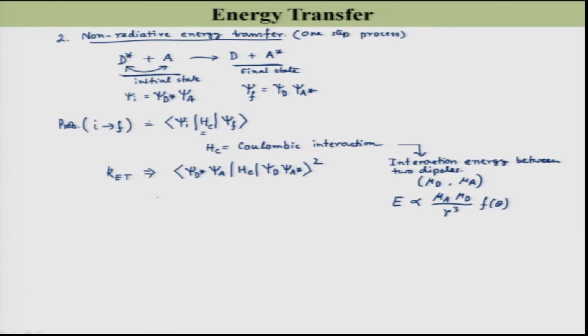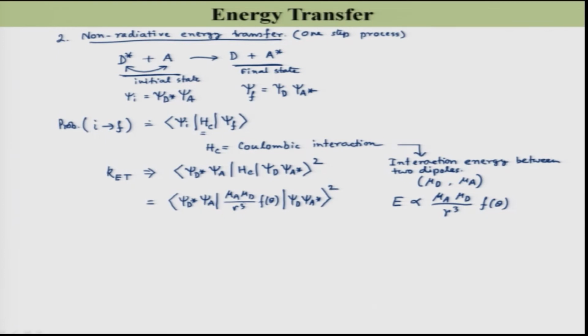That means this k T, the rate constant of this energy transfer, I should write as psi d star psi a mu d by r cube f theta psi d psi a star.